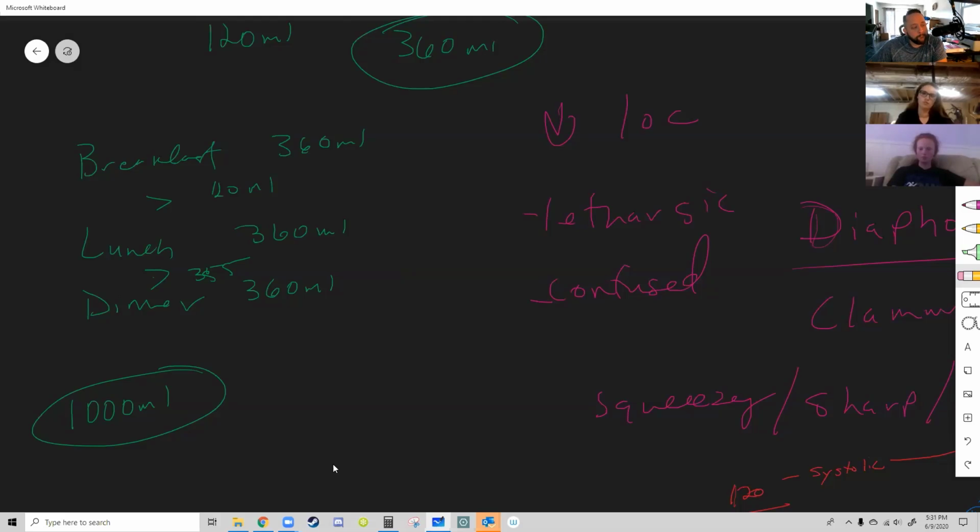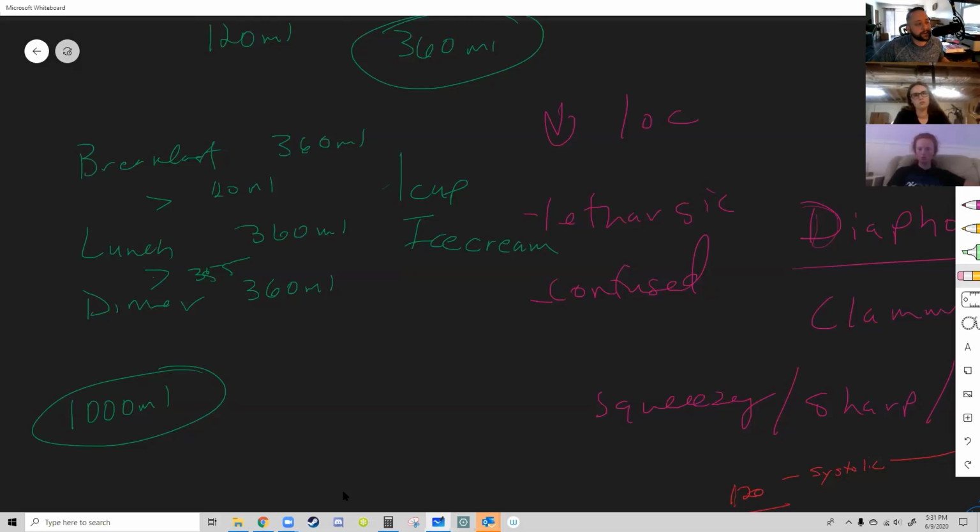Now, a cup of ice cream makes a difference too, because ice cream is considered a liquid. On your paper here, it says 1/2 a cup is 4 ounces. And 1 ounce is 30 mLs, so 30 times 4 is 120.